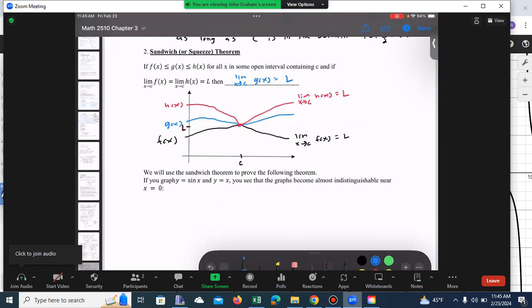If it's above L, it will make it above h of x, and that's not true. So if f of x and h of x are equal, and g of x is in between, then all three have to be equal to whatever the limit is.